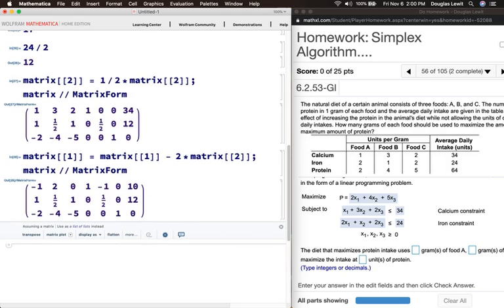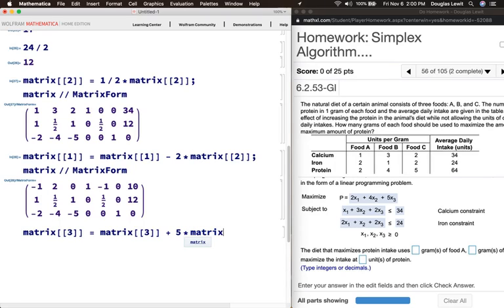Okay. And then I do the same with the third row. Matrix 3 is equal to matrix 3 plus 5 times the second row of the matrix, because -5 plus 5 times 1 is equal to 0.